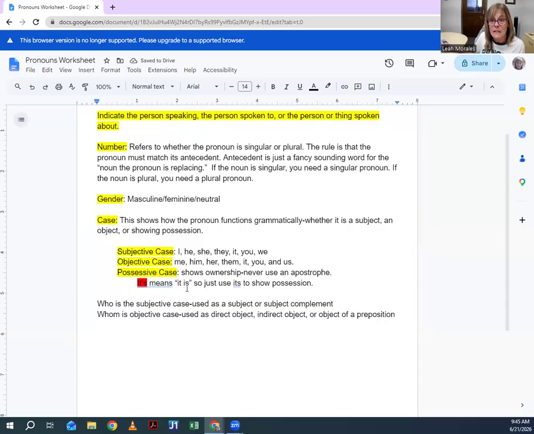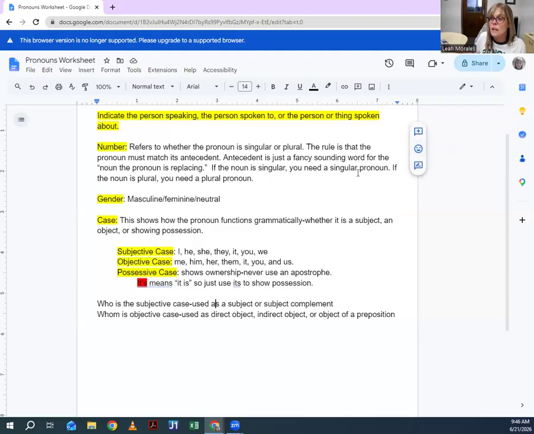It means it is when you see it written. So you just use its to show possession. That's just a little bit something different about pronouns and possessive case. Just leave the apostrophes off. The dog hurt its paw is just its, no apostrophe.